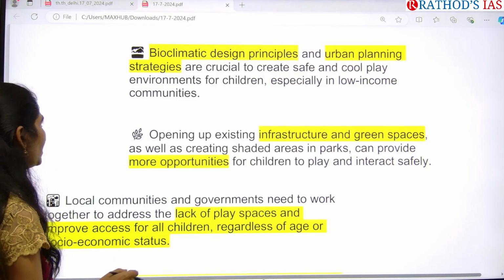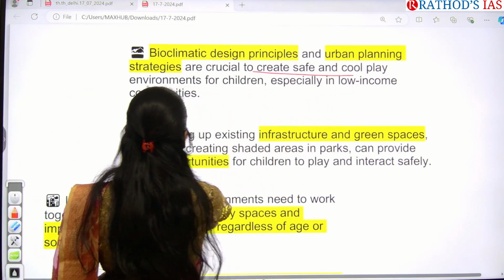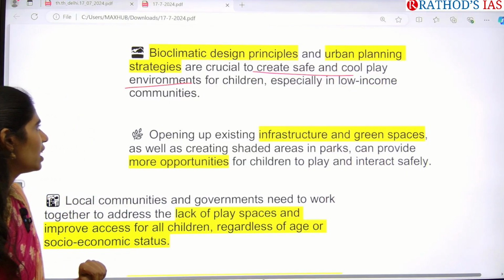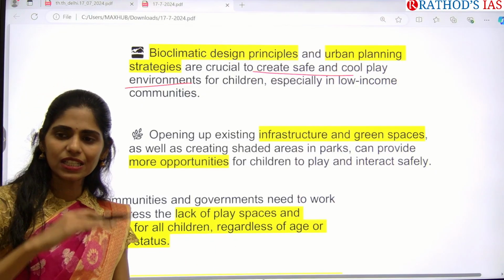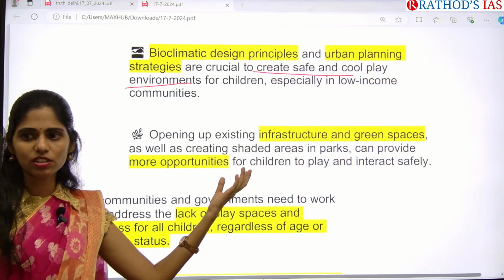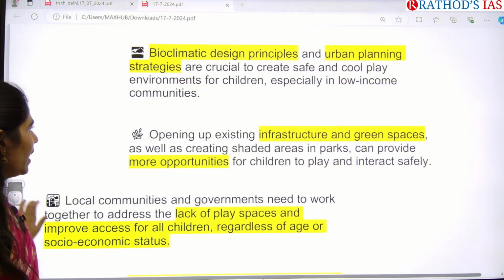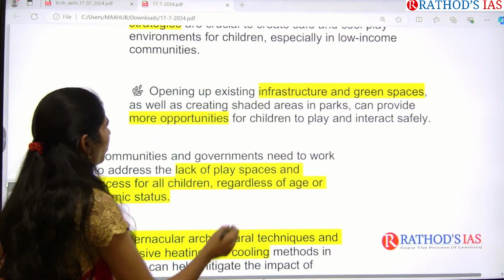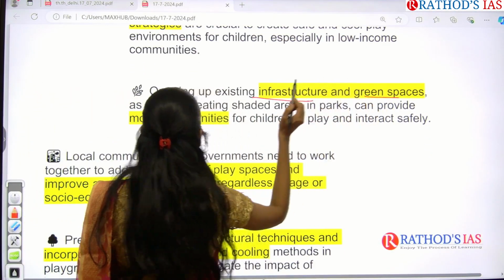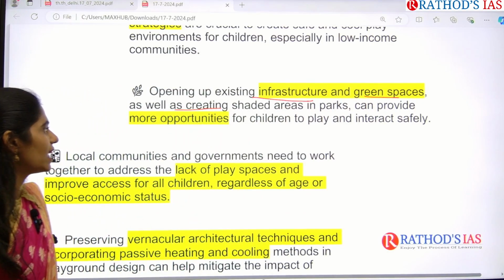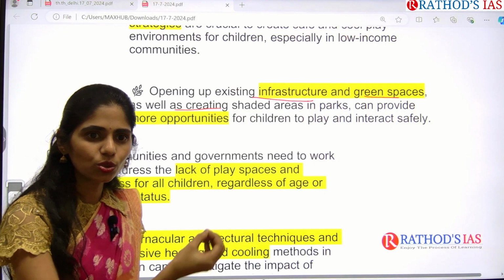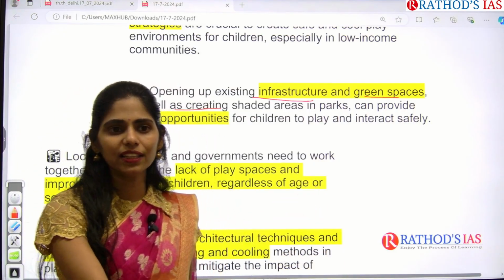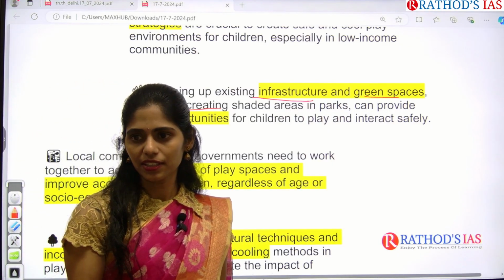Apart from that, we have to create safe and cool play environments for children, especially those belonging to low income communities, so that we can decrease the disparity between rich kids and poor kids. We can also open up infrastructure and green spaces as well as create shaded areas in parks, so that children have more opportunities to go and play there and mingle with society.